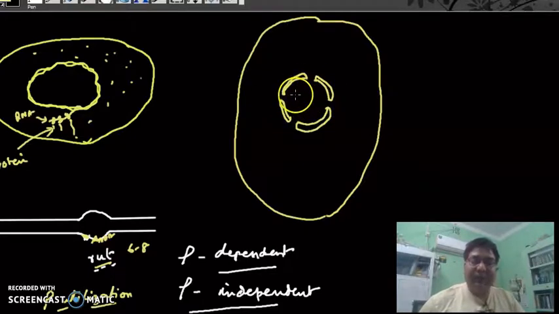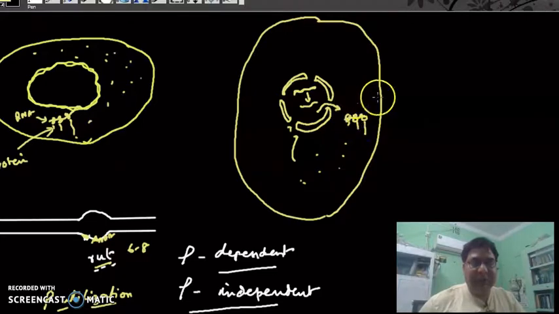Inside the nuclear envelope, the DNA is present, the chromosome is present, and transcription is taking place inside this nucleus. RNA is being formed inside the nucleus. Ribosomes reside in the cytoplasm, so the ribosome cannot enter the nucleus. Rather, the RNA has to come out.